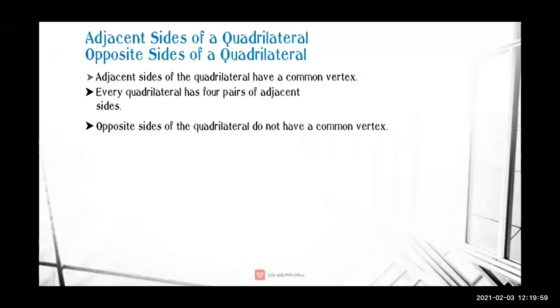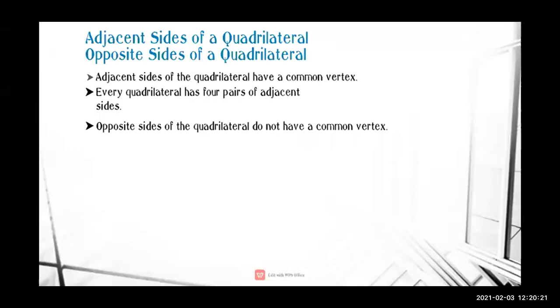There must be a common vertex so that we can find the adjacent sides. I will show you some figures I have drawn in the next slide. Now, for one activity I will show you how to identify the common vertices.